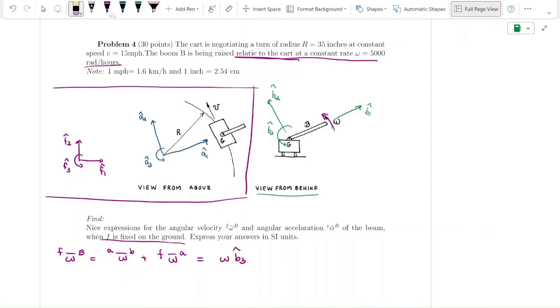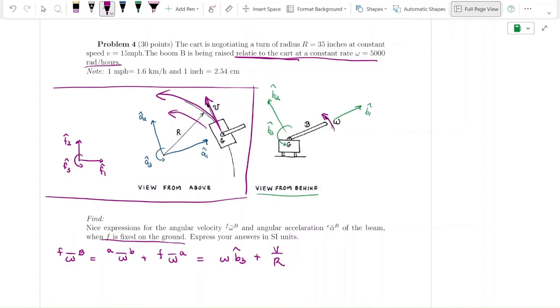Now the angular velocity of the A frame with respect to the F frame, so this cart is rotating around this way, right? From physics, we know that the angular velocity is equal to the tangential velocity divided by the radius of the turn. So this is going to be equal to V over R. It's also rotating this way, going around the bend.